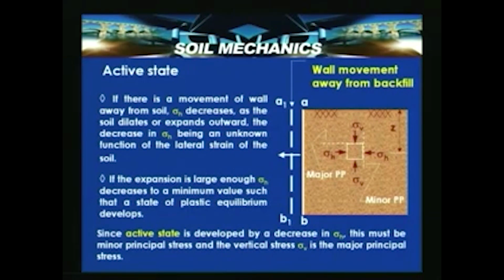Here, with the surface being horizontal, this can be a major principal plane and this is a minor principal plane. When it reaches the active state, the horizontal stress becomes sigma a, the minimum value where it has attained a state of plastic equilibrium.